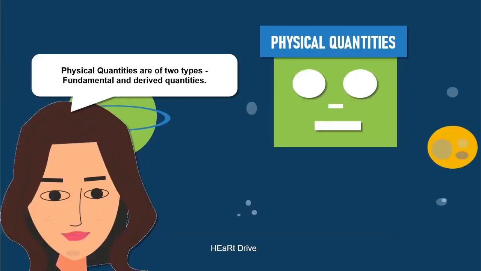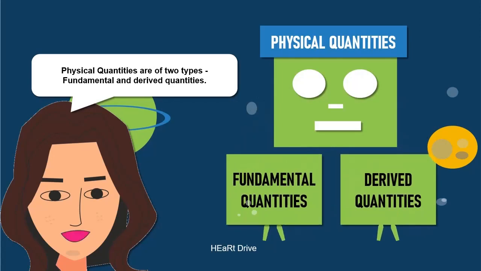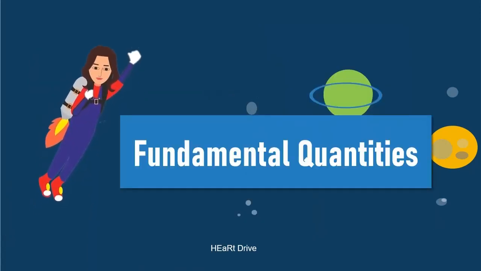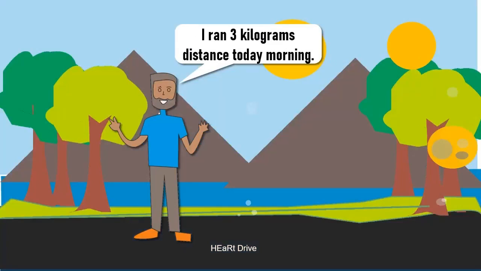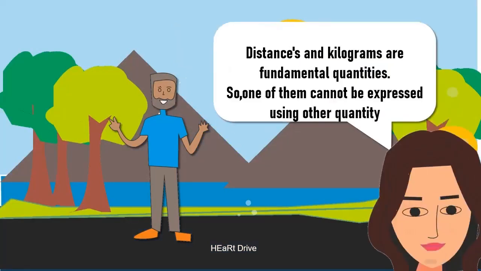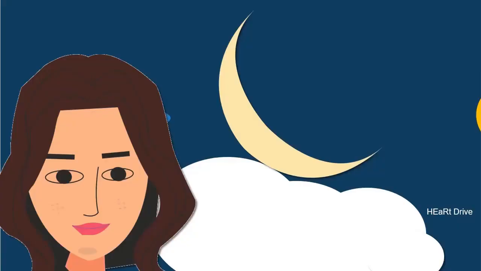When we talk about physical quantities, they are of 2 types in general. They are fundamental quantities and derived quantities. Fundamental quantities: quantities which deal with basic measurements and which cannot be expressed in any other quantities are known as fundamental quantities.